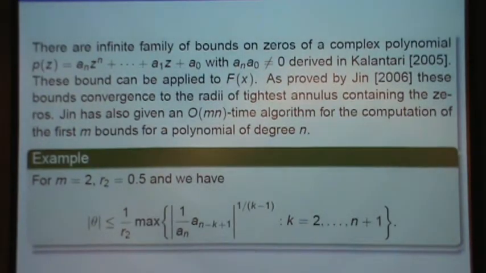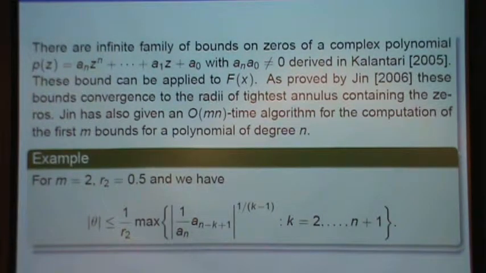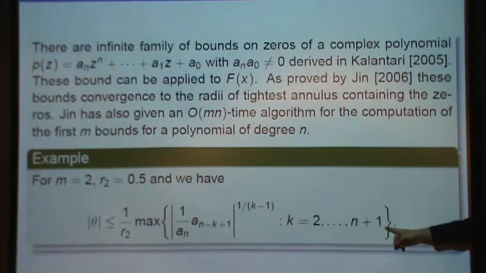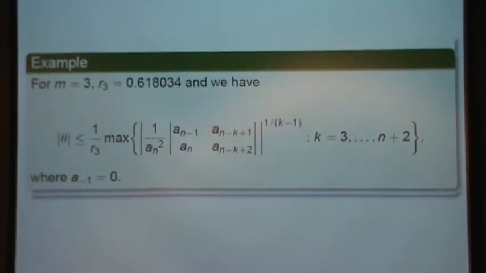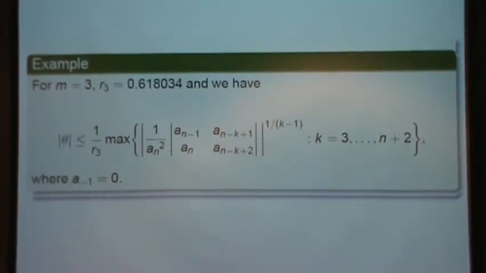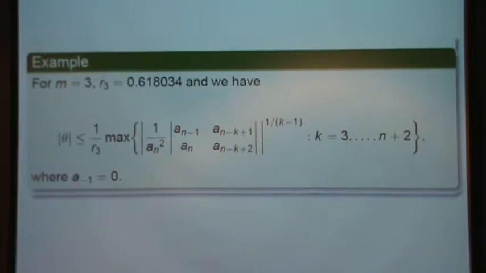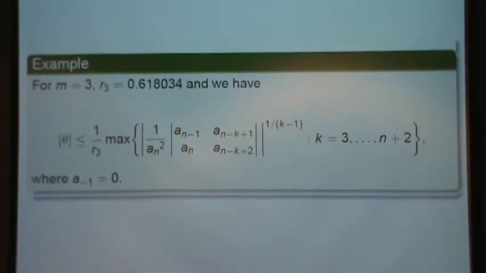As an example, for m equal to 2, one of the bounds on the zeros of such a complex polynomial is this. For m equal to 3, we compute a 2 by 2 matrix and range over these indices, and that gives a bound.